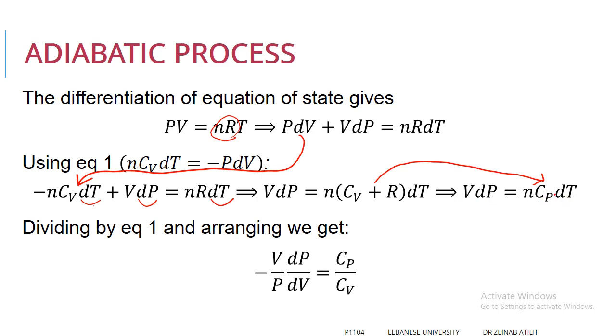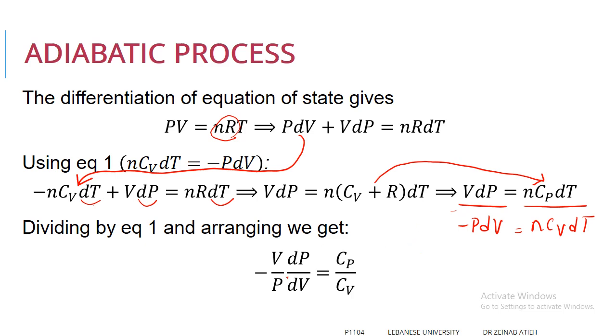Now I will take this equation and divide it by equation 1. I will divide this side by minus PdV, and this side by nCv dT, because for sure minus PdV is equal to nCv dT. So I can divide both of them.